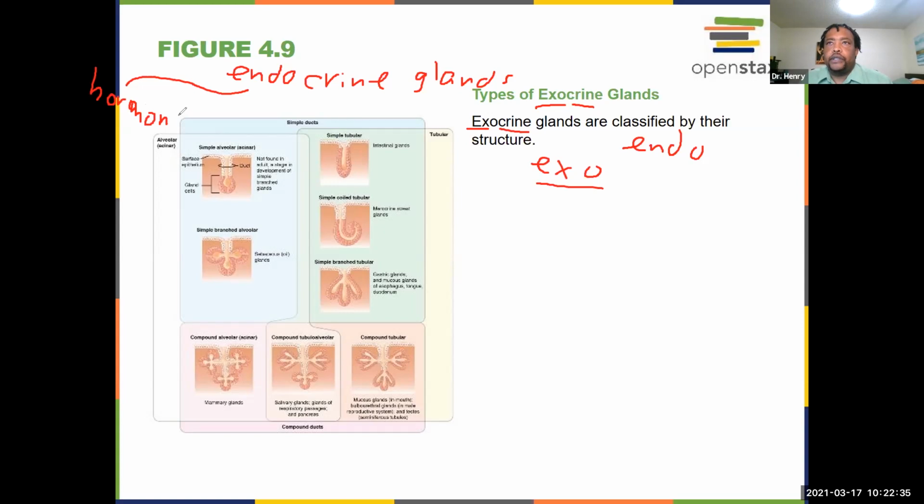These hormones are going to be taken up by other cells to tell cells, hey, stop growing, or we need to change the blood sugar level. So when things are being taken up, that's where these guys are.